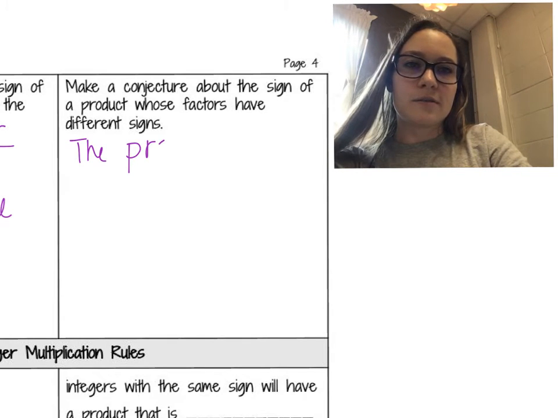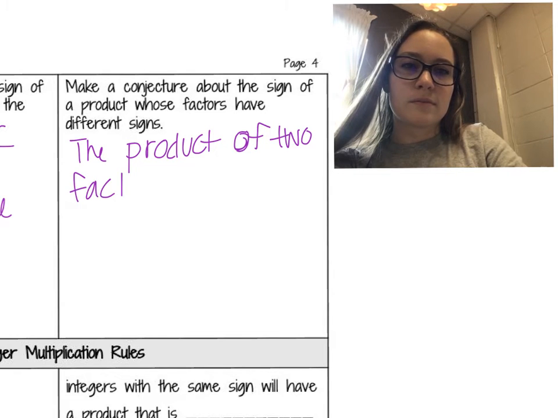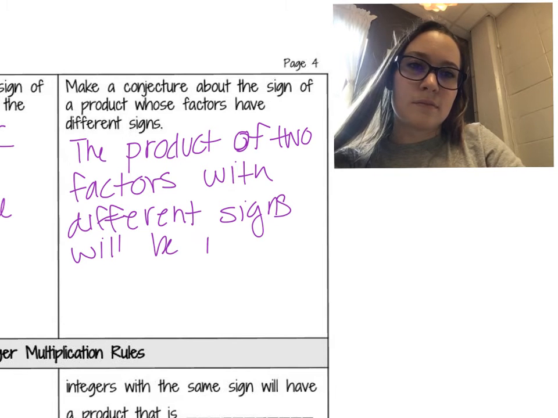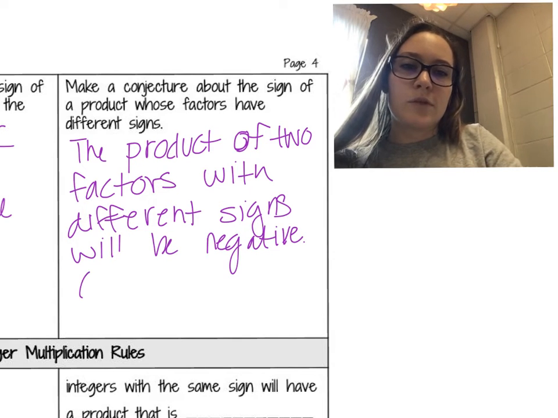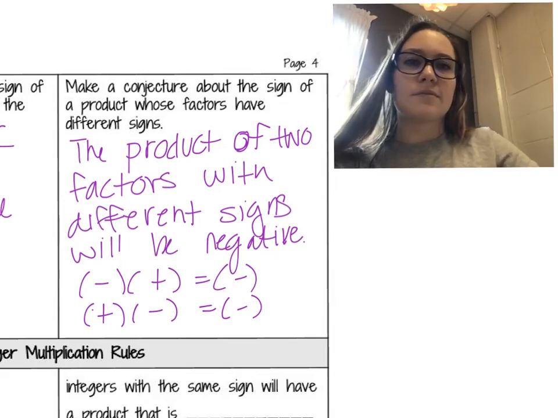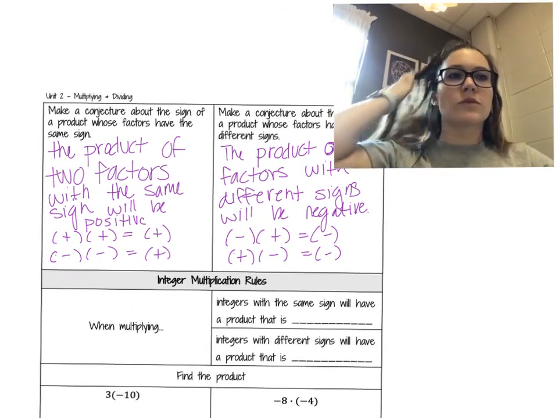So the product of 2 factors with different signs will be negative. So a negative times a positive is negative. Positive times a negative is also negative. Okay, so those are kind of our rules.